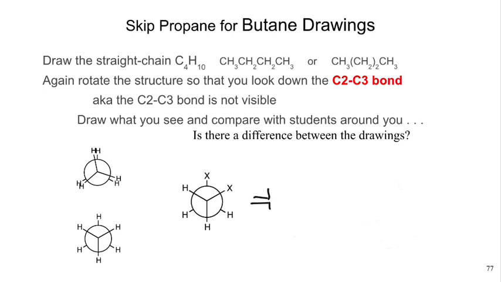If we drew this from the side, how do we do it? With lines and dashes, or wedges and dashes. We're going to have to be real careful with specifying our wedges and dashes. The other thing that's going to become important: are you looking at the molecule from the left side, or from the right side? Because it's going to look slightly different, right?